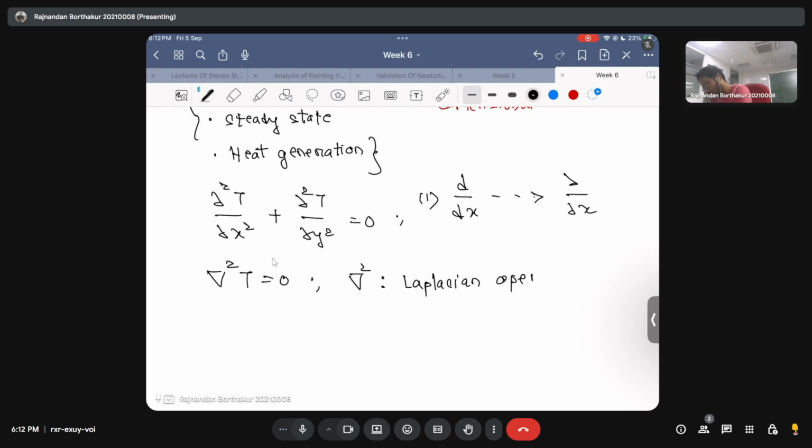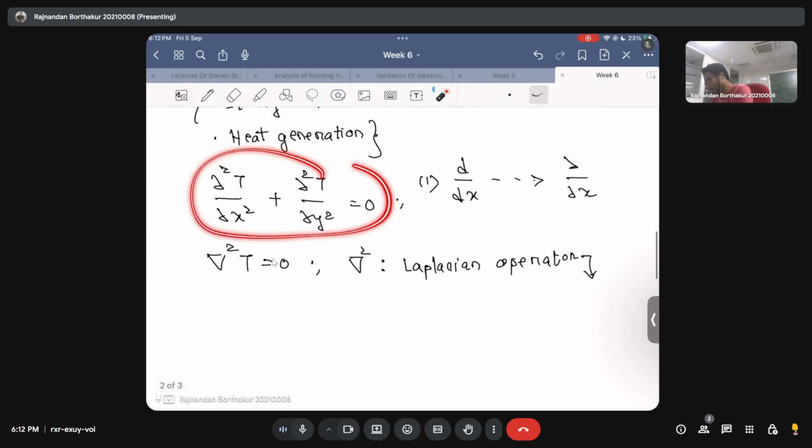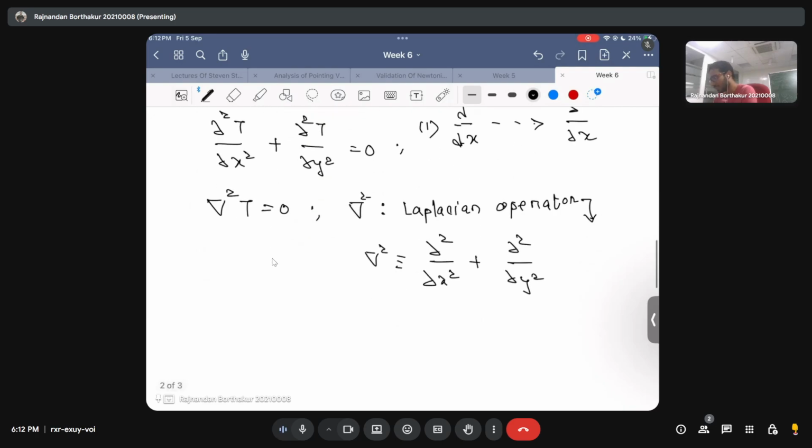In principle, this is how the Laplacian operator will look, because I have just written this PDE in compact form as del square of T. So del square essentially implies that it is, in 2D at least, del 2 by del x2 plus del 2 by del y2. Okay, so this is how the Laplacian operator looks in a two-dimensional scenario.